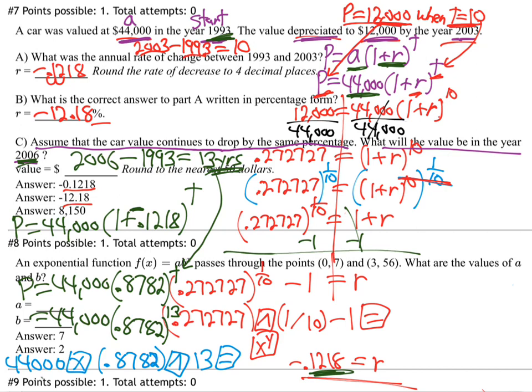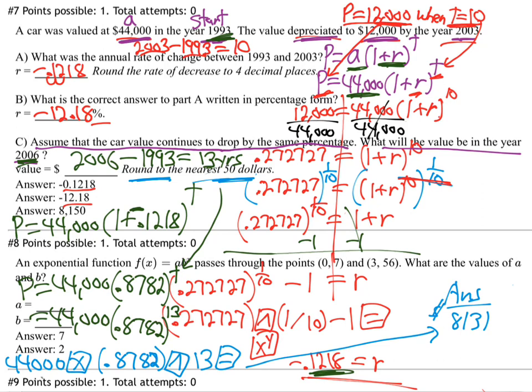So type that in. And when I do that, here's the answer I get. I'm getting $8,131. But notice here, go back here, they said round to the nearest $50.